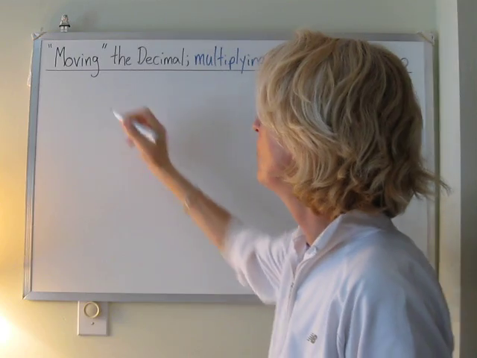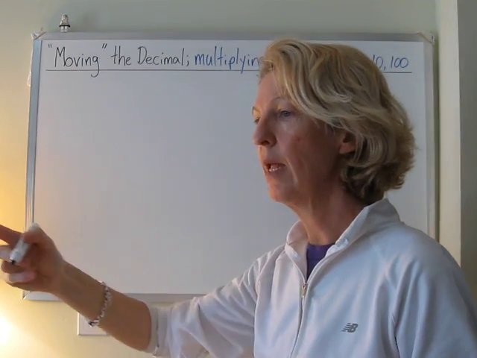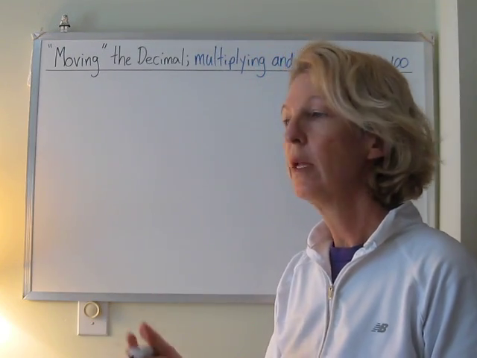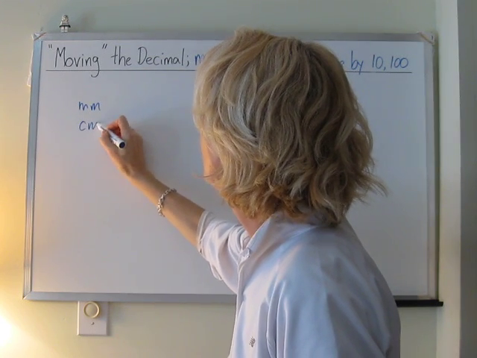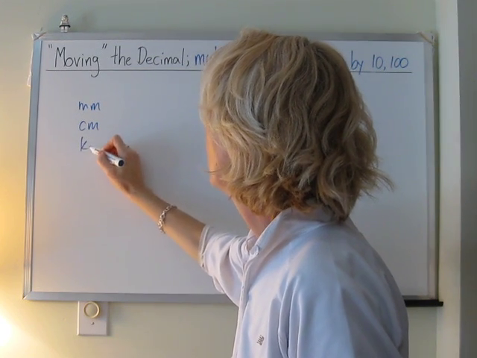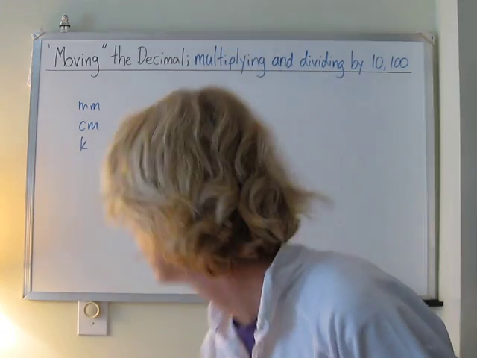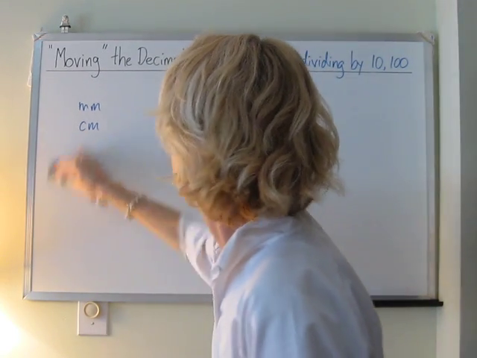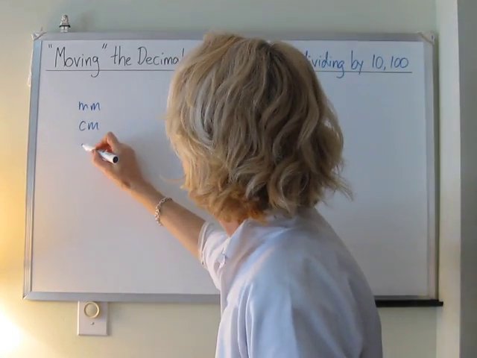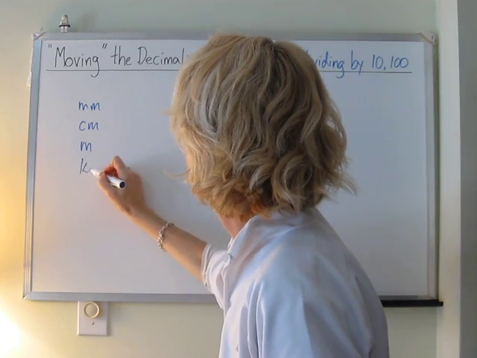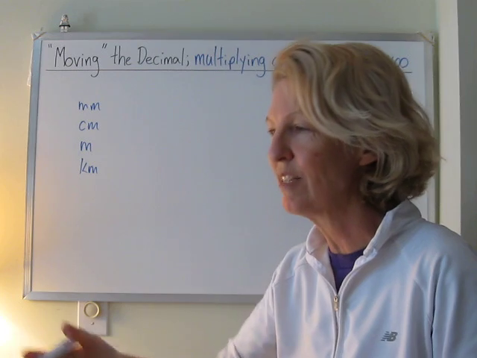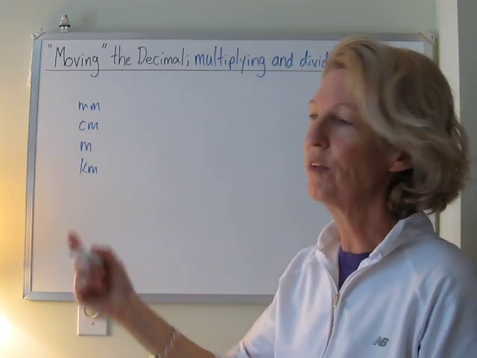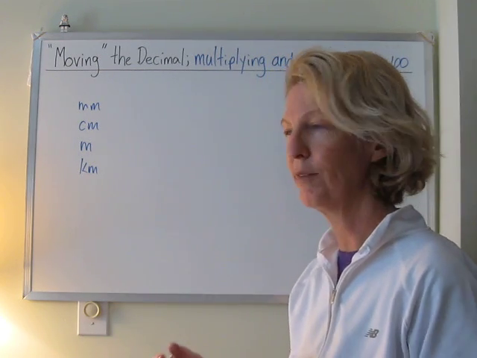What if we're converting, we've got millimeters, centimeters, meters, decimeters, and kilometers. I don't like dealing with decimeters. You never see decimeters in real life. Yeah, they're in there, but not in our video, right?